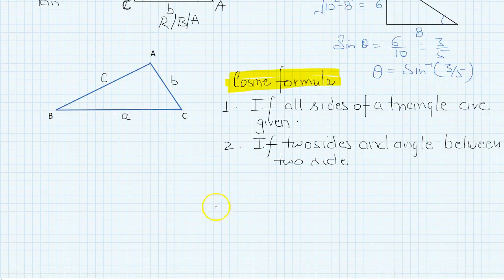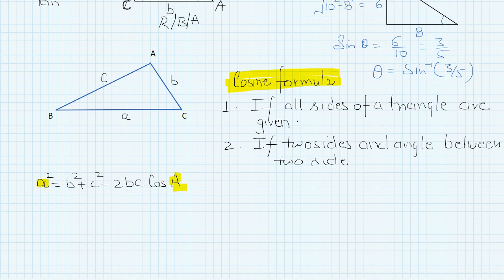Now what is the cosine formula? Cosine formula simply says a square is equal to b square plus c square minus 2bc cos a. This one takes all three sides, a, b, c, and only one angle. You can see that it starts with a, and the angle ends with a.